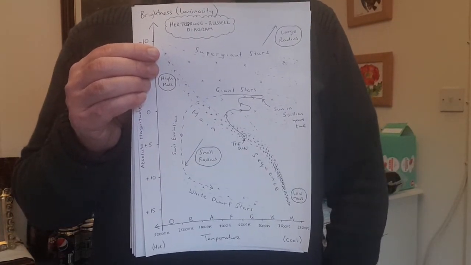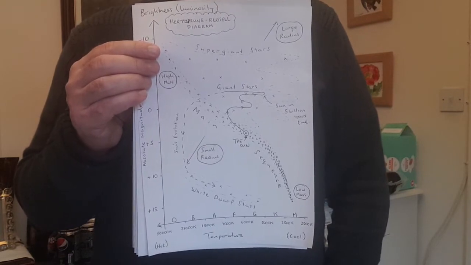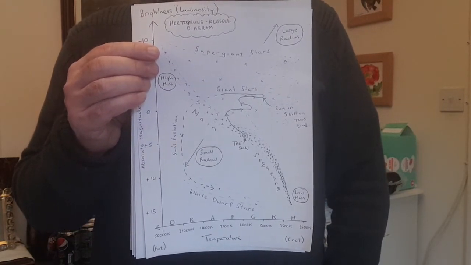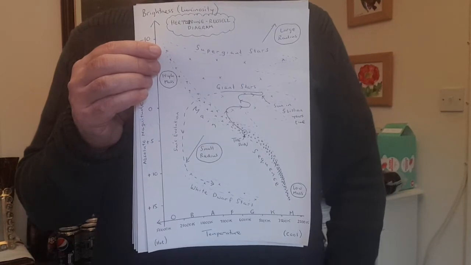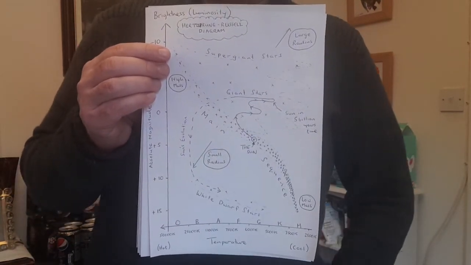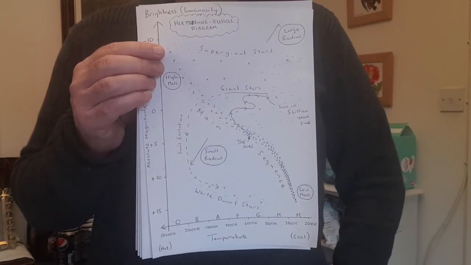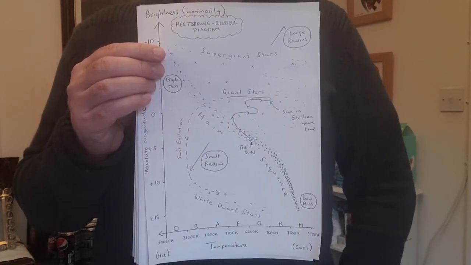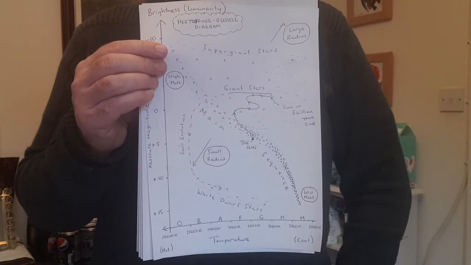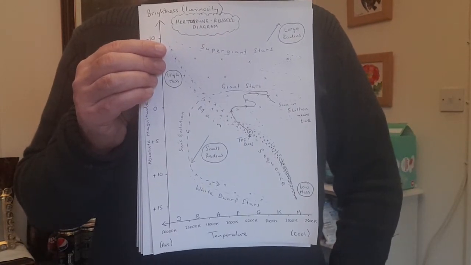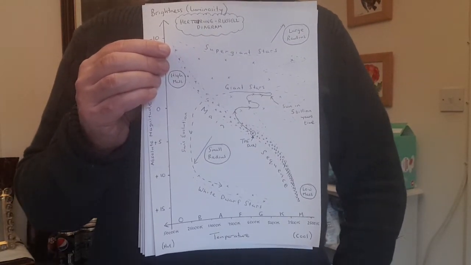Rather counterintuitively, the outer layers of the star will cool down. Now, that's not because you're producing less energy, you're actually producing a lot more energy from the core. It's just that because the outer layers of the star have expanded, remember Stefan's law, luminosity equals constant times area times temperature to the power fourth.